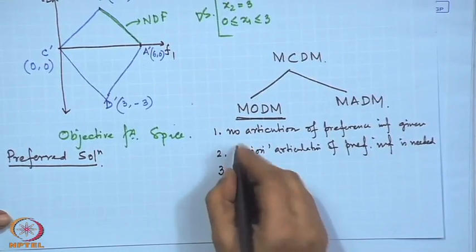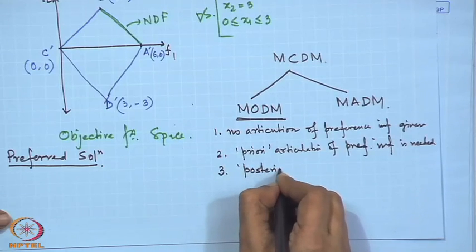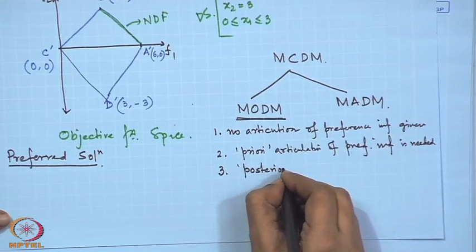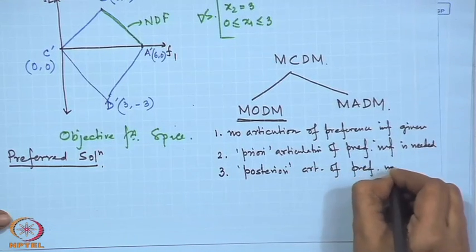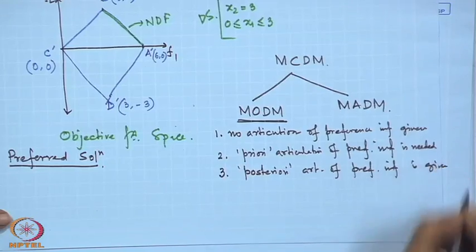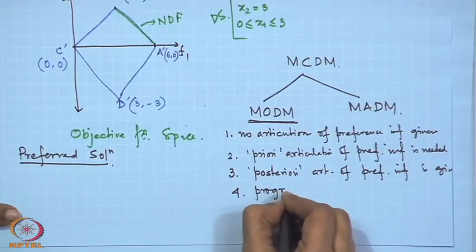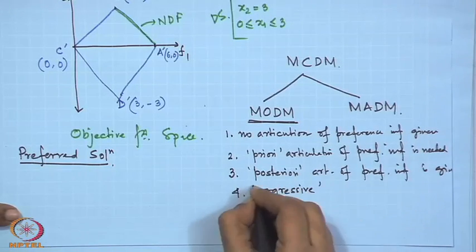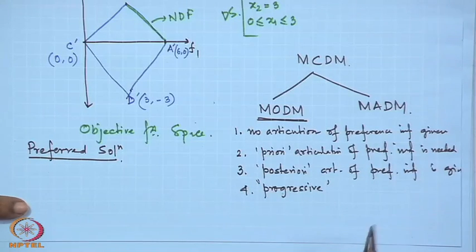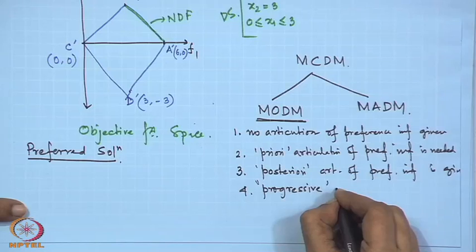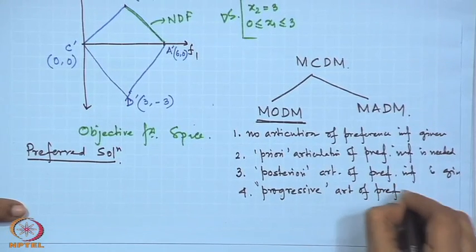And the third type is the posteriori articulation of preference information given, and the next is the most popular technique nowadays, and the decision making process will generate a better solution if we have progressive articulation of preference information.